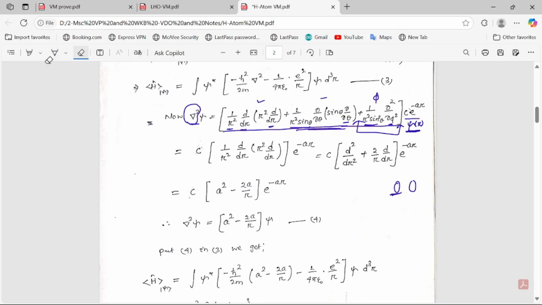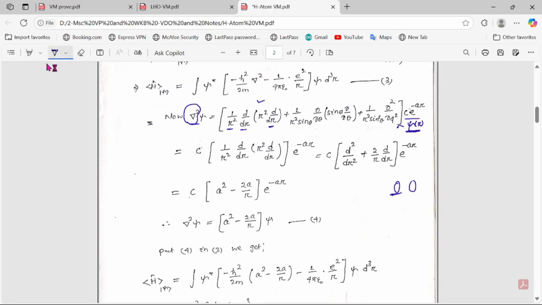So these two operators, when operated over psi, give 0. Now, when the radial operator is operated over psi, what will the value be?